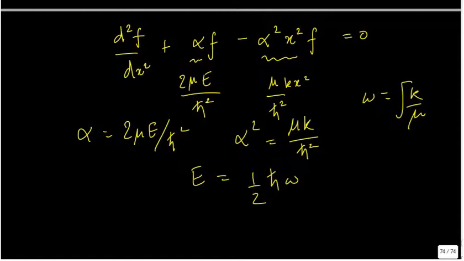Okay? And for the vibrational states, we normally use the ground state as 0. The more general solution is written like V plus half h cross omega.